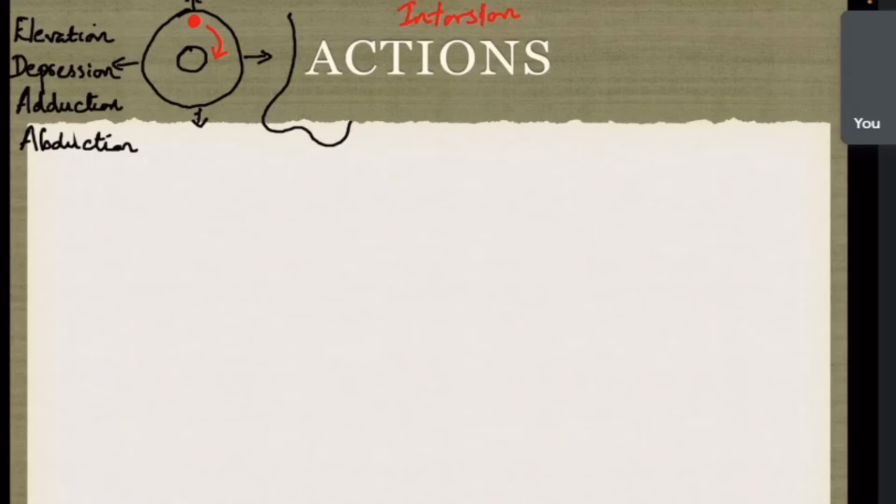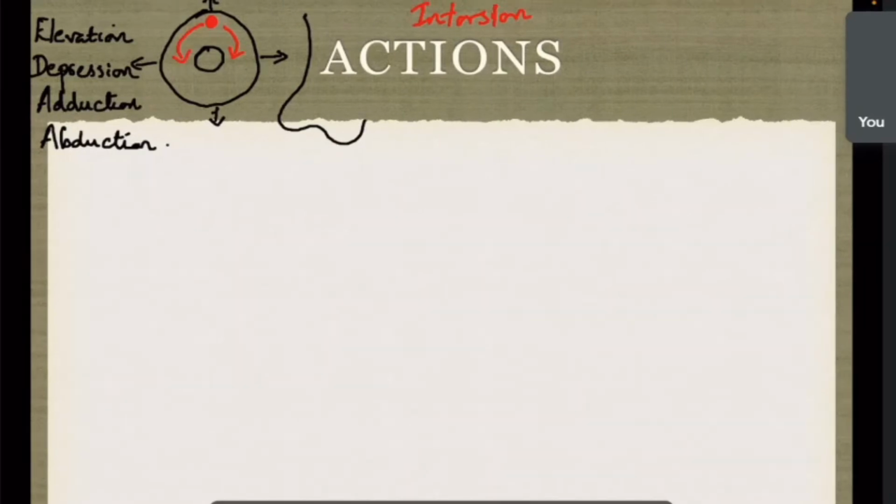You cannot do intorsion of both eyeballs together; the actions are described in terms of one eyeball only. If the 12 o'clock position is moving outwards, that movement is called extorsion.